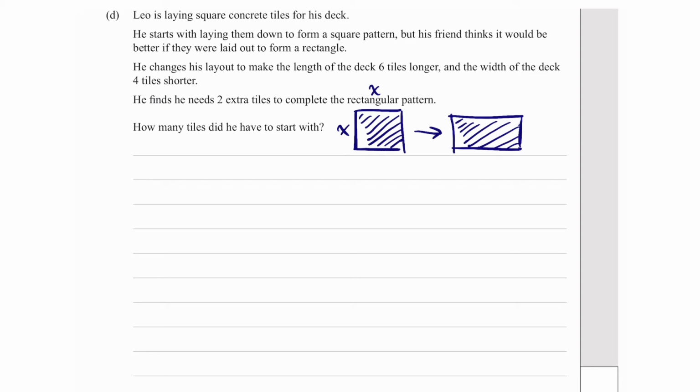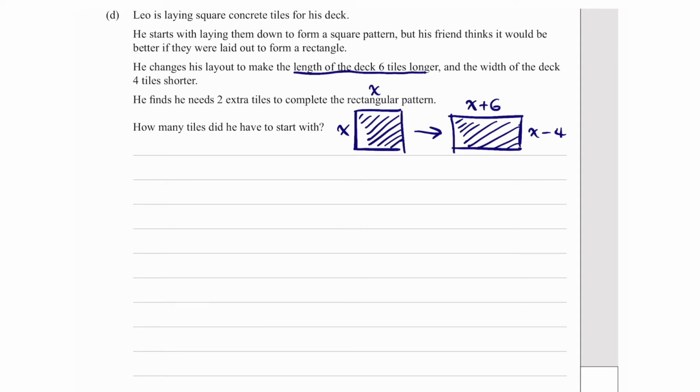So if we want to quantify this in terms of the rectangle, he makes the length 6 tiles longer. So whatever x was, he added 6 to it. So the rectangle is x plus 6 on the length, and the width of the deck is 4 tiles shorter. So whatever x was here, it's minus 4 now because he made it 4 tiles shorter.